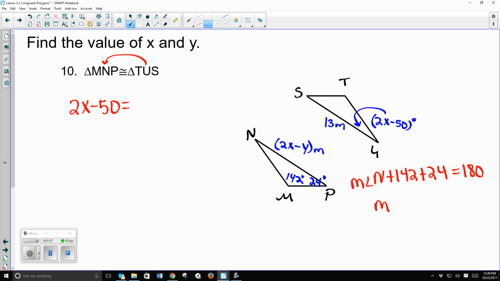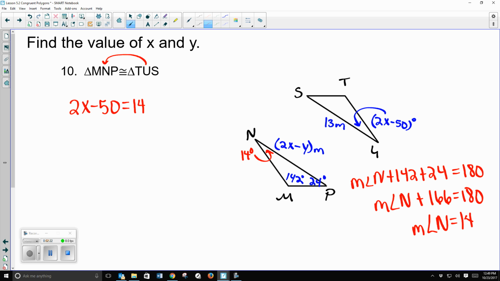So the measure of angle N plus 166 is equal to 180. Subtract 166 from both sides. And then that would be, what, 14? So the measure of this angle is 14 degrees. So I can say that 2x minus 50 is equal to 14.